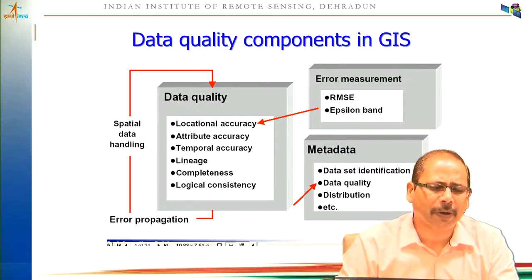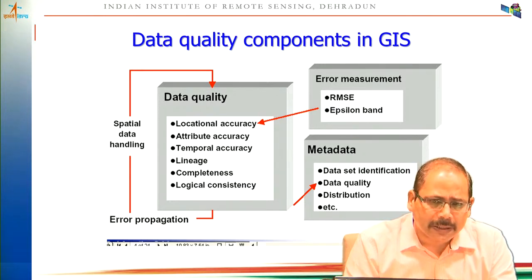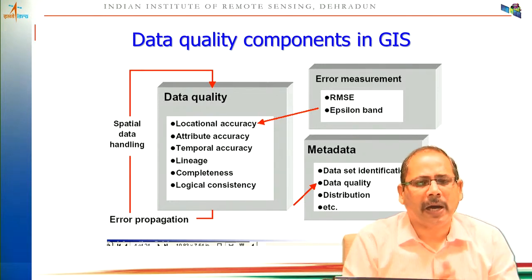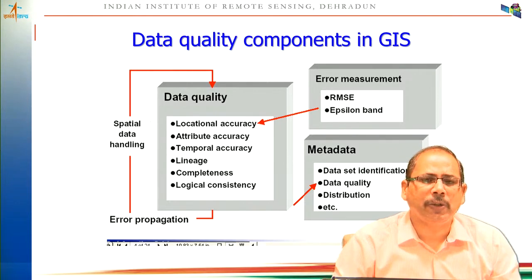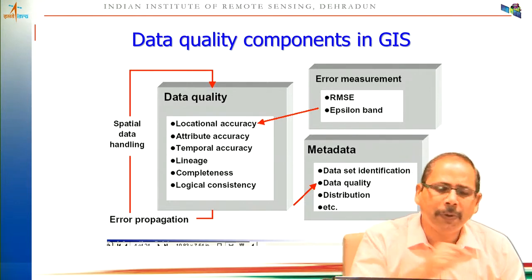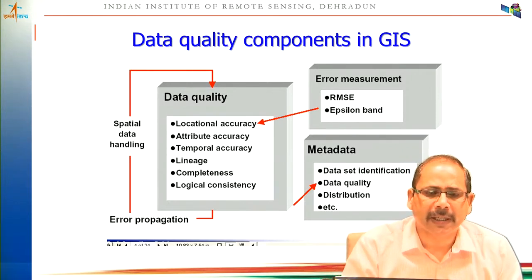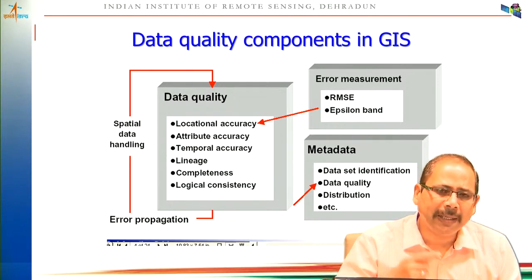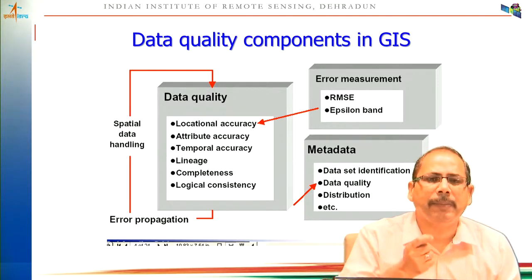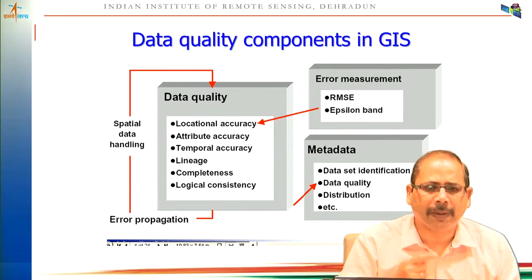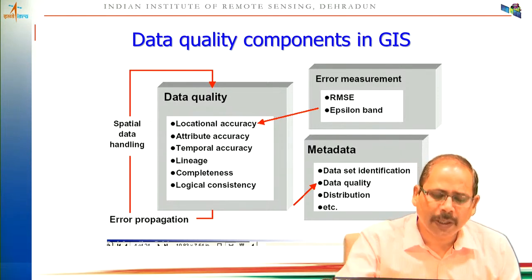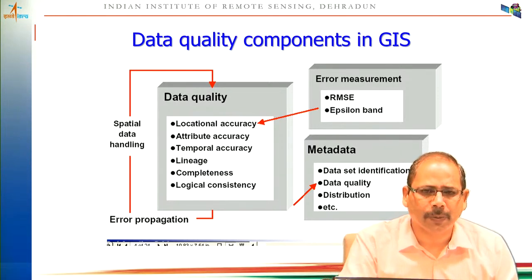Temporal accuracy is about how the land cover or the geographical features change in due course of time. And that is the beauty of remote sensing technology, the satellite based observation. The satellite captures images at certain time intervals. For example, suppose today one satellite image is captured for Dehradun.